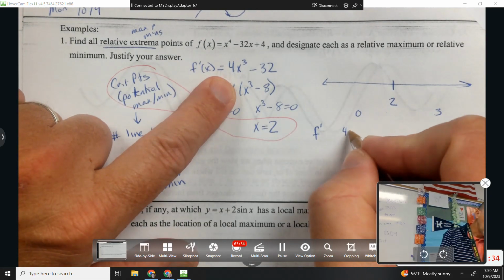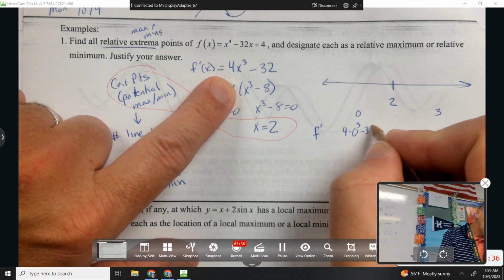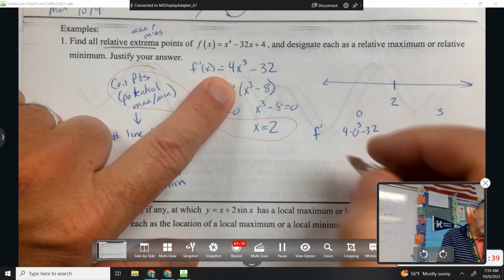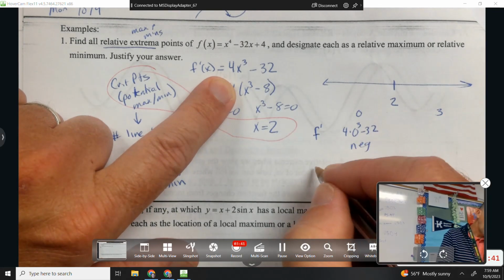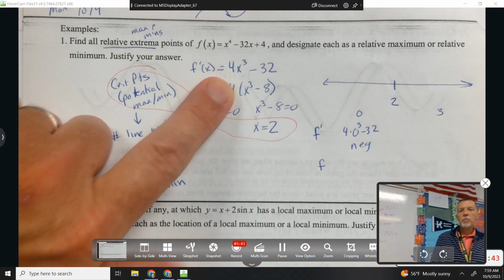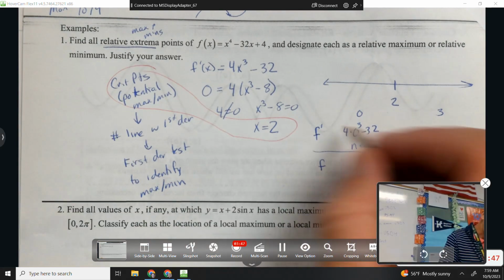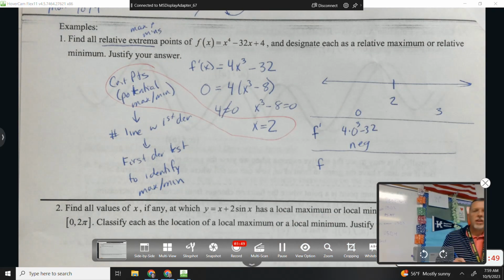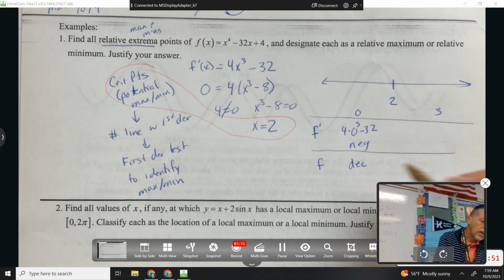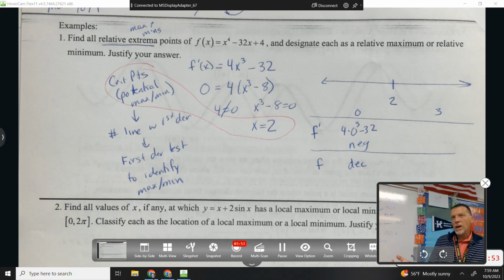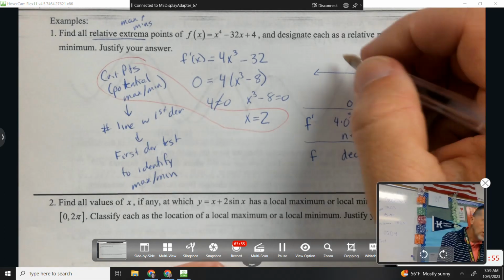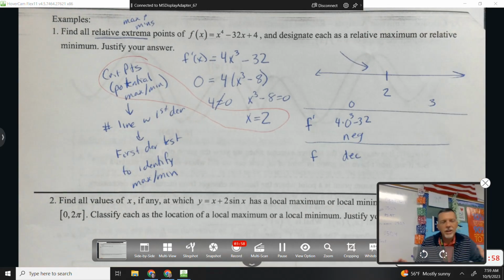So 4 times 0 cubed minus 32 is negative. And if f prime is negative, what does that tell me about f? F is decreasing. A picture may be overkill, but maybe it's helpful. So f is decreasing. I don't know what it looks like, so just a rough sketch will help me visualize.